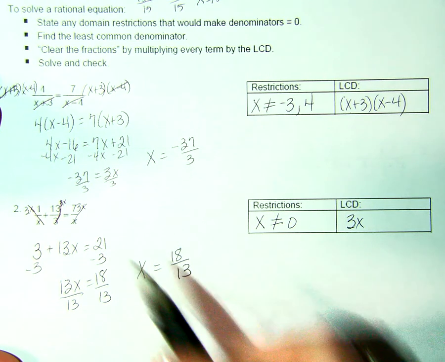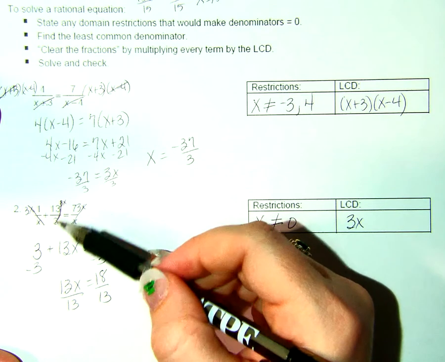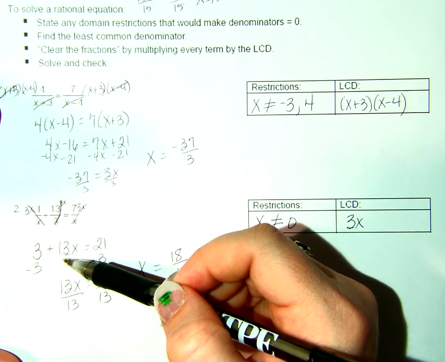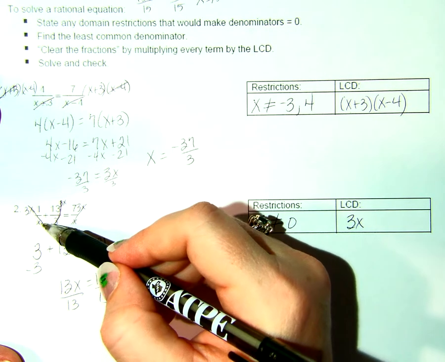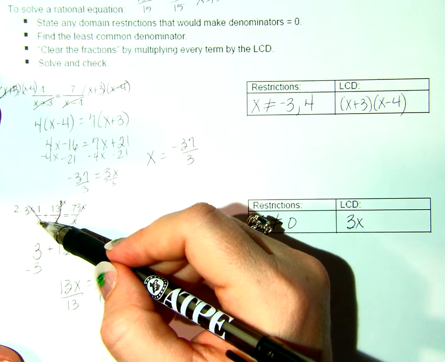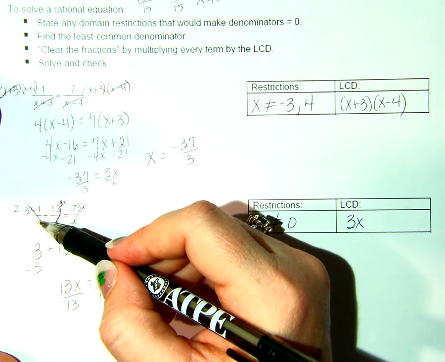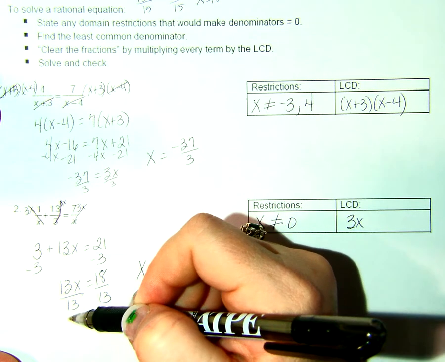If I have 3 divided by 3, that's a 1. So I can simplify that to 1 and it's not there anymore. See, here I have an x and here I have x, so I'm canceling those out. So all I have left in the numerator is a 1. In the denominator I have left is a 1. So it's 3 times 1 over 1, and that's just 3.